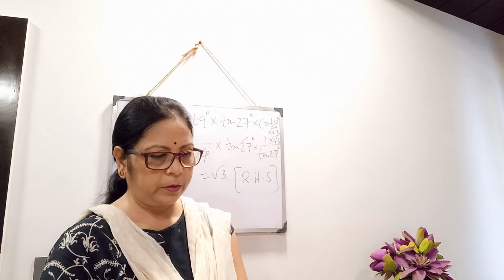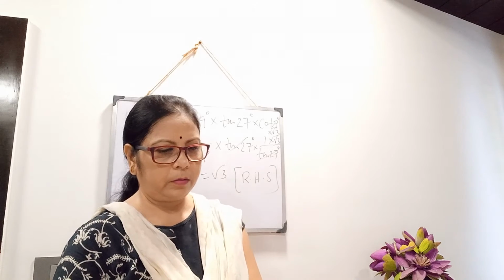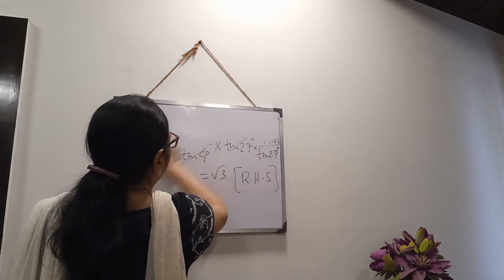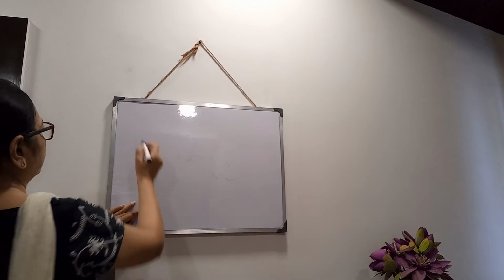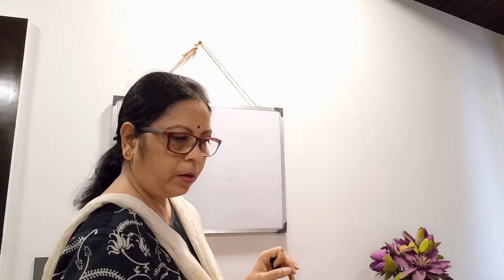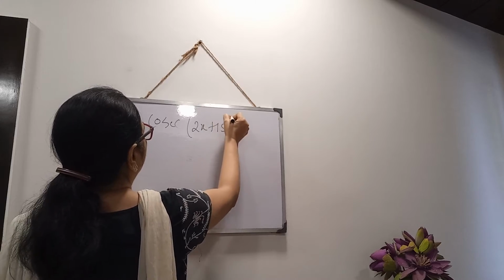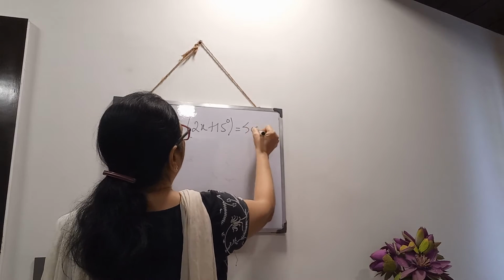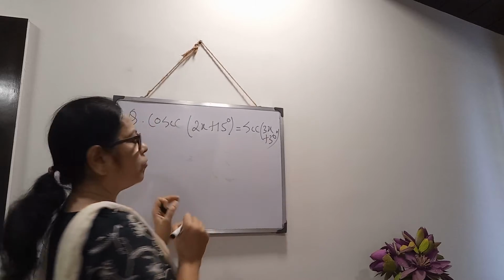Okay, if cosec 2x plus 15 degree equals sec 3x plus 30 degree, find the value of x.